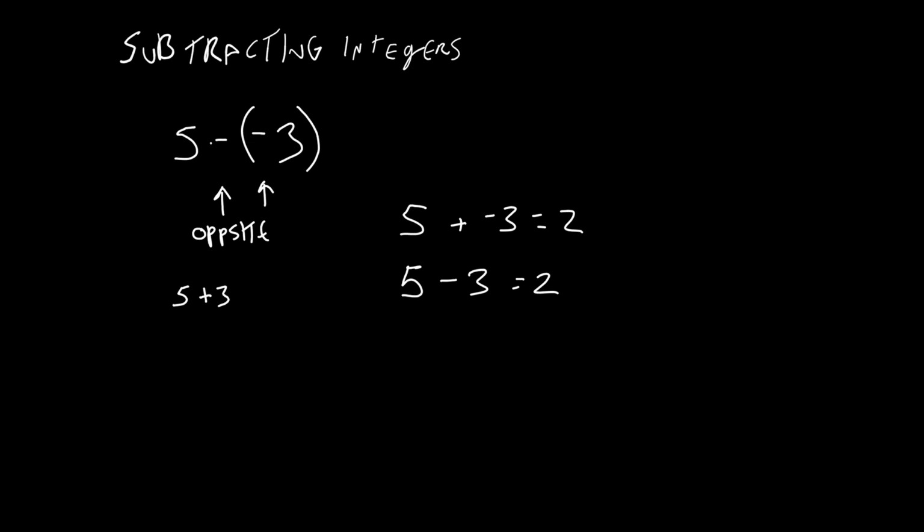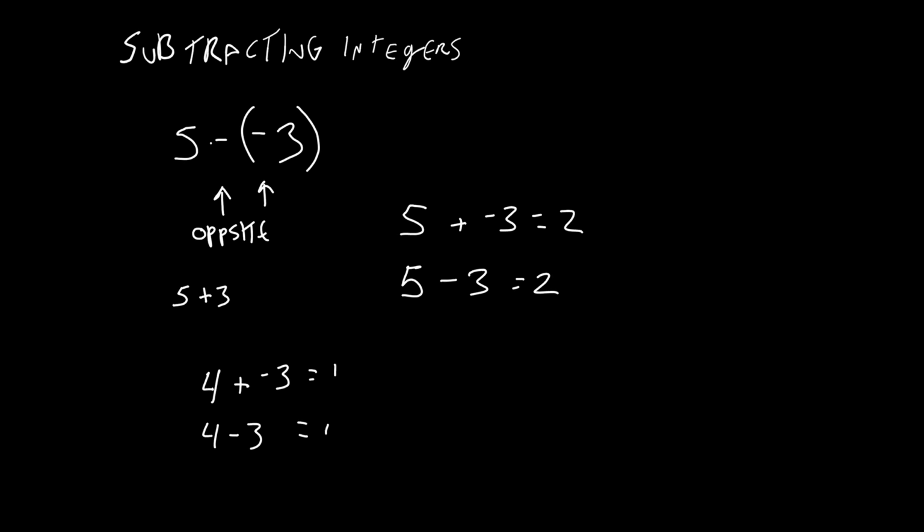Subtracting integers, adding integers, if it's a negative sign, change the sign on the number, change the sign on the operation. So if I had 4 plus negative 3, I could rewrite that as 4 minus 3, which both of those equal 1.